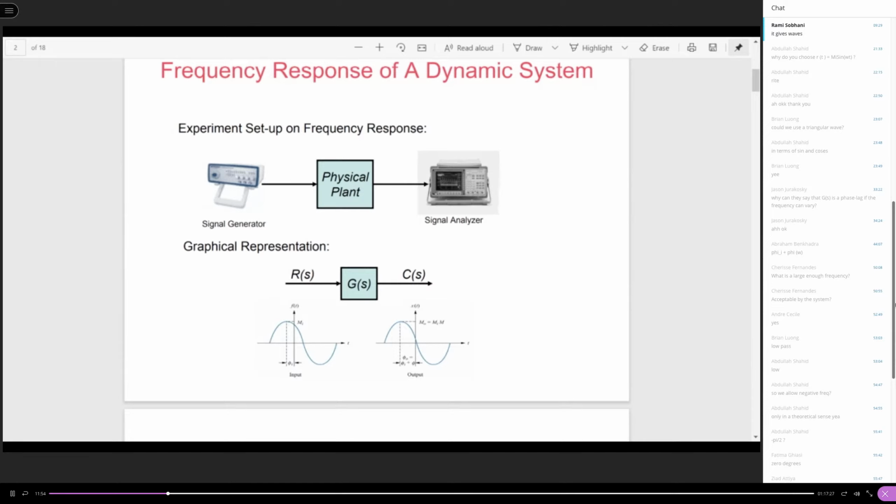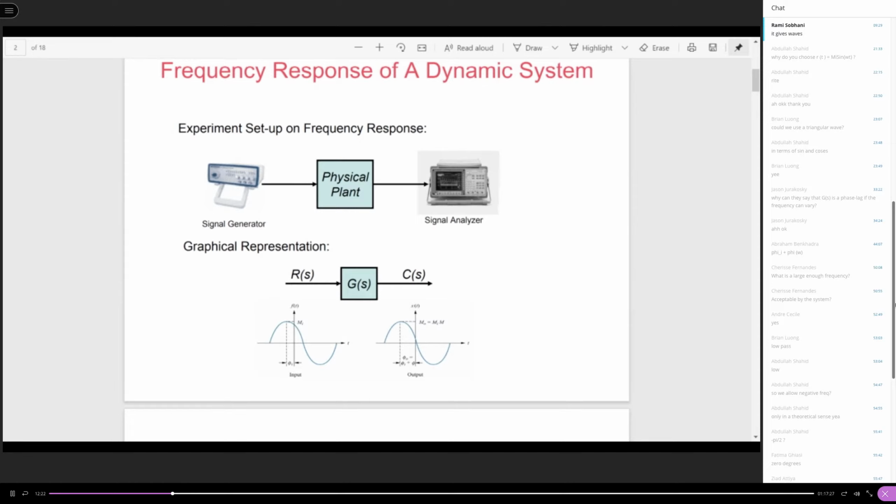If you have experience using the signal generator, you probably already know that you do have the capability to vary the frequency. Actually, it is in a continuous format. When I say continuous format, I mean that the variation of the frequency can be made very, very small, so you can make the frequency change almost continuous.